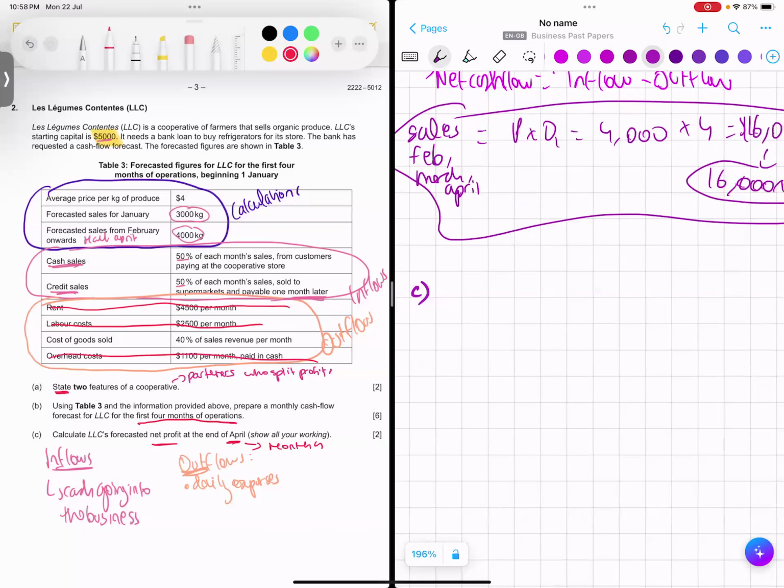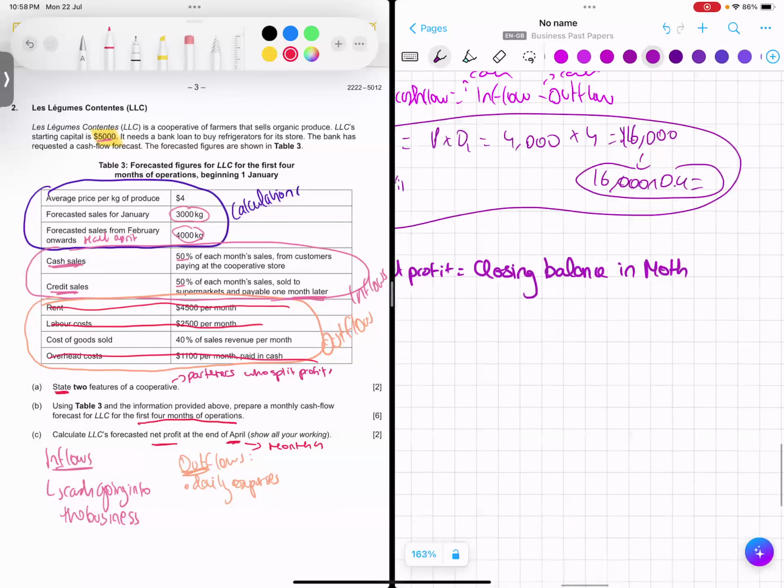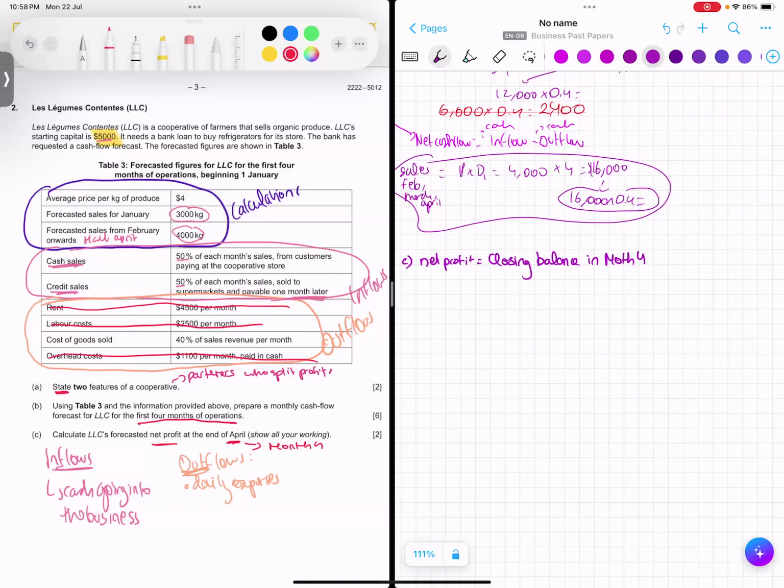Okay. Month 4. So basically how you calculate net profit after a cash flow is you just do closing balance in month 4, which is our last month, because you have to do it in the last month.